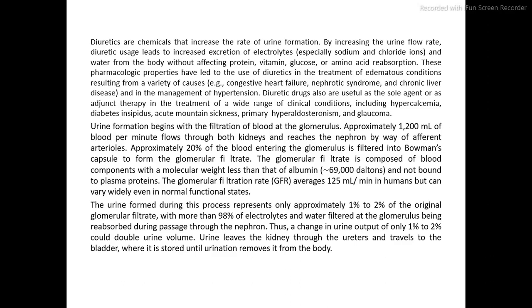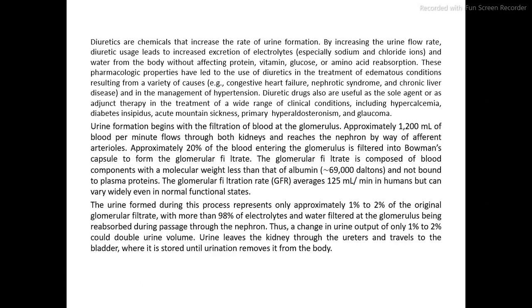Then after reaching the nephron, from the 1200 ml of blood, approximately 20% enters the glomerulus and is filtered into the Bowman capsule to form the glomerular filtrate.